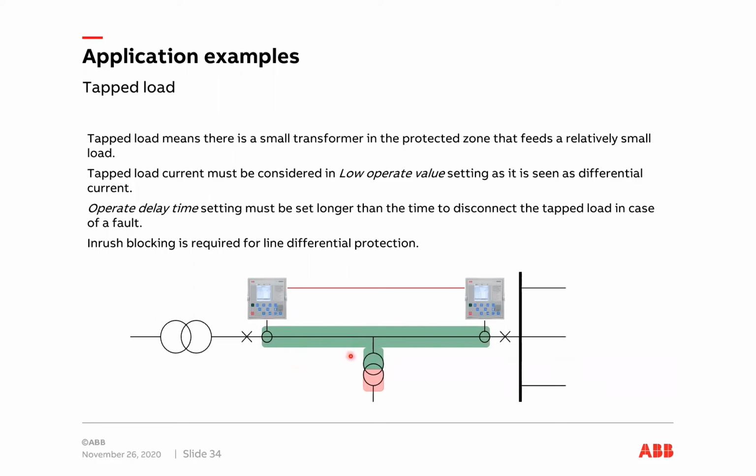Here we might need to increase the operate delay time for our line differential protection, so the fuses for this tapped load will blow before line differential protection will operate.